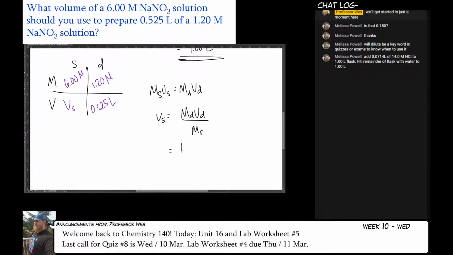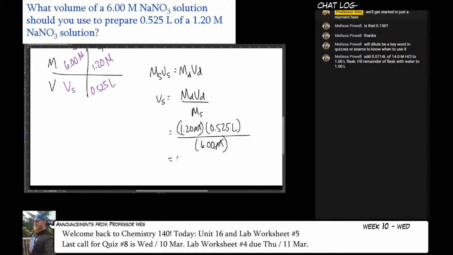And that would be 1.20 moles per liter times the volume that we want divided by the molarity of the stock solution. And I don't have the slightest idea what number this will be. 0.105.